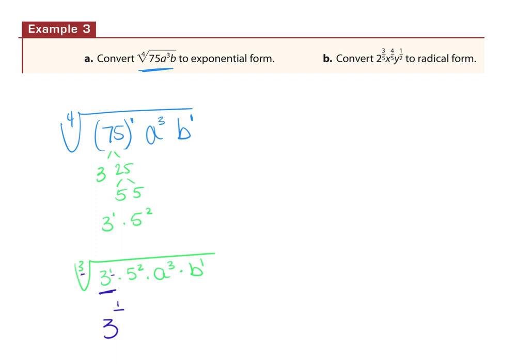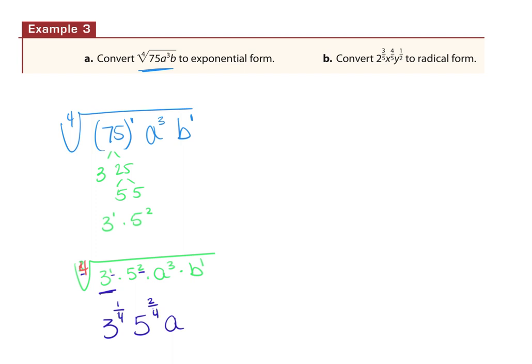My denominator is the index. 5, the numerator is the 2. The denominator, the index. A, that is going to be 3 over 3, right? Oh no, did I rewrite it? I'm rewriting it wrong. Look at me, I wrote that wrong, that's a 4. All right, let me fix it, because I wrote a 3.